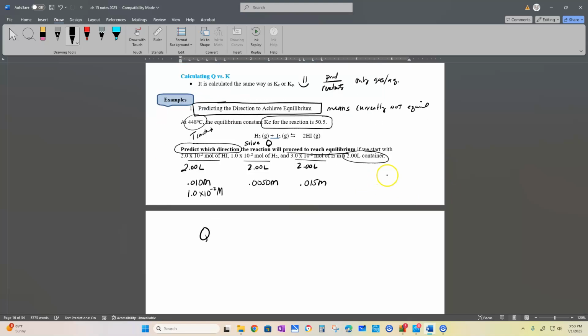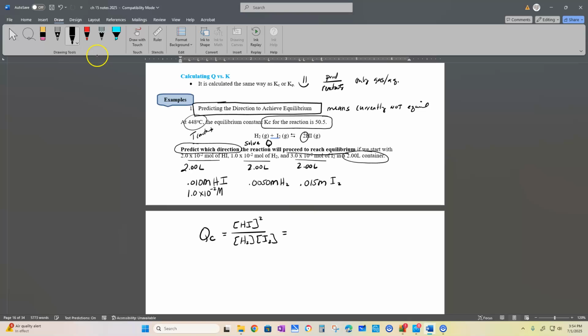So now I'm going to say Qc because it's for concentration. I got to list my expression first. So my HI, and remember, we have that 2, so we got to square. And we do have all gases, so H2 and I2. So my HI is this value right here. I'm going to put the chemicals in back of it, oops, not HCl, HI, and this is H2, and this is I2.